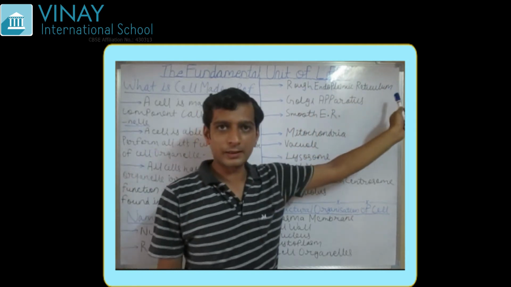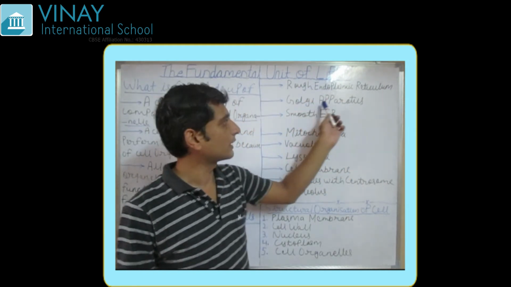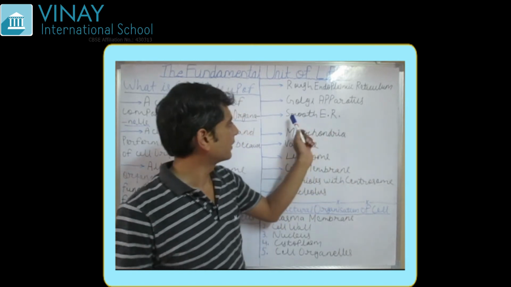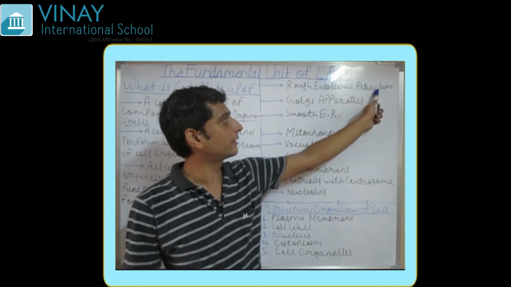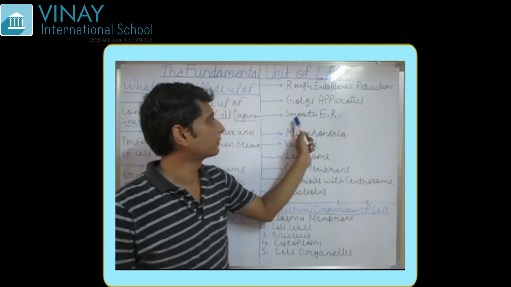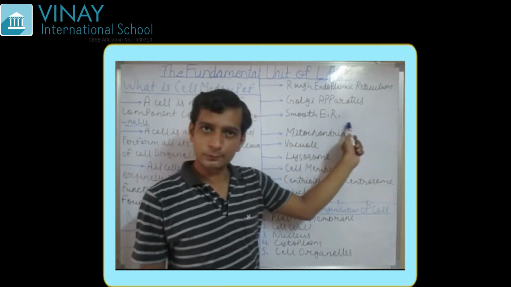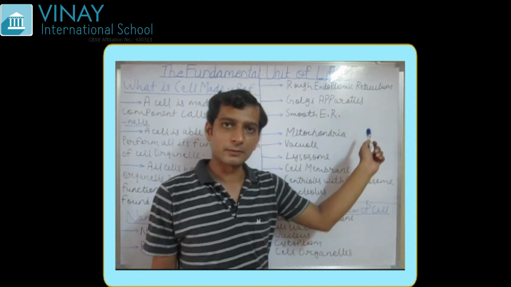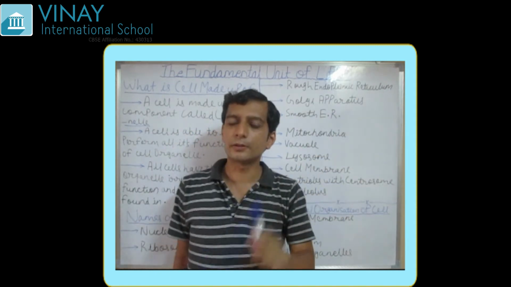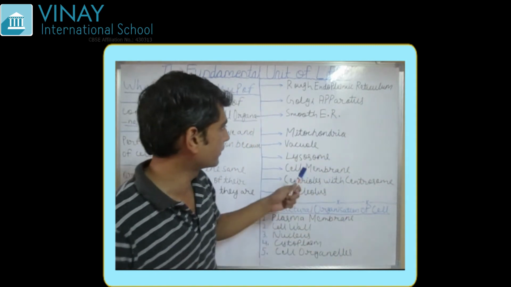Rough endoplasmic reticulum, Golgi apparatus. Smooth ER is the same endoplasmic reticulum, so smooth endoplasmic reticulum. Rough endoplasmic reticulum, smooth endoplasmic reticulum. What are their functions? We are going to see in the next video.